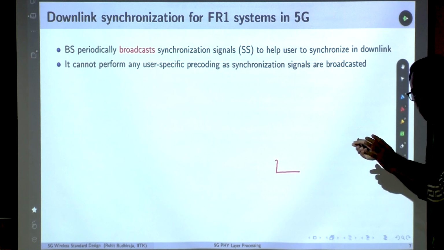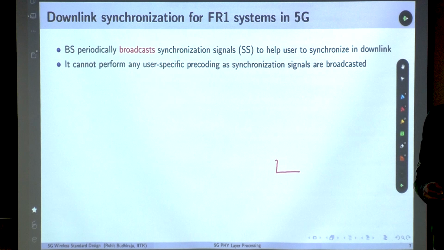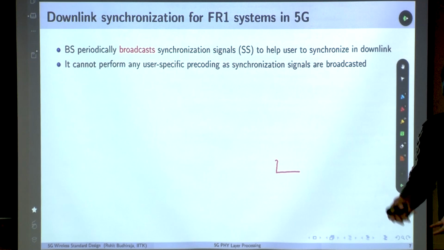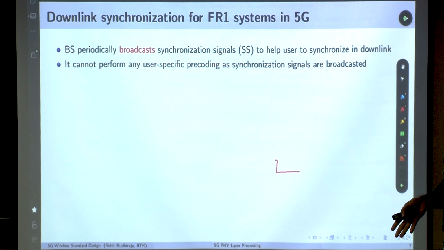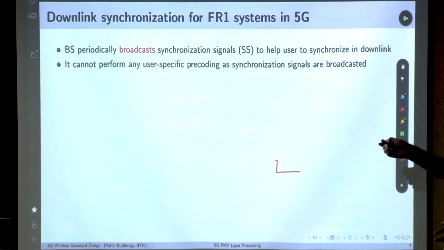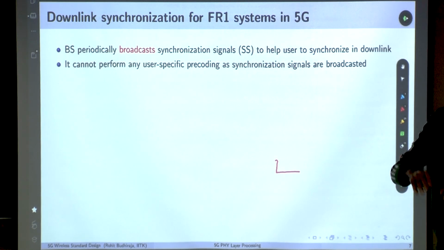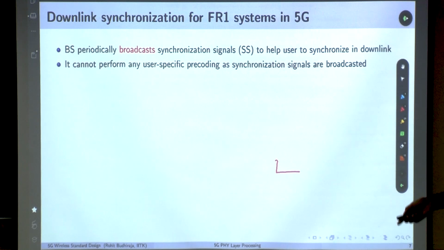But this information is meant for all the users. And by the way, the base station doesn't even know that the user has entered the network. How will it have its channel information? So user-specific precoding is not done on this. There's something called a broadcast precoder, that I'll show you.